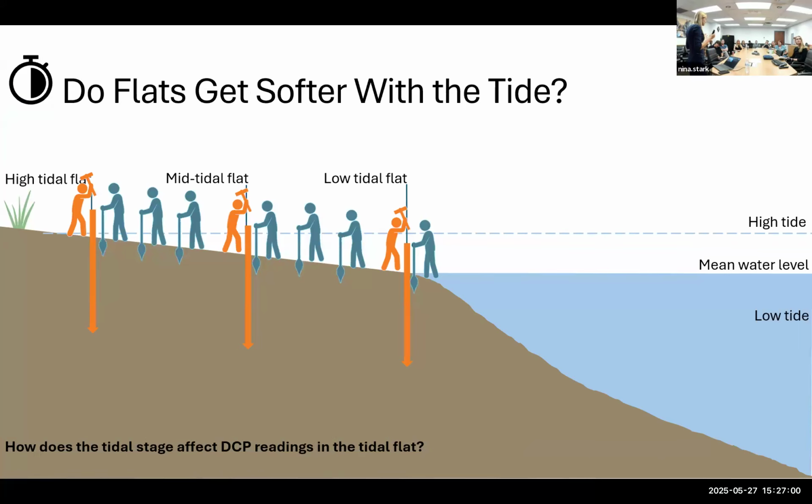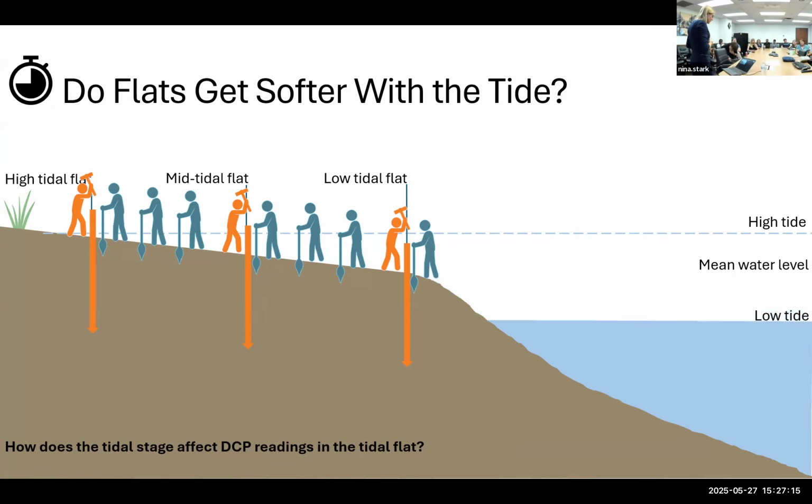The second thing is the timing. As I said, timing is always very important in disaster management as well as here in tidal flats. We have those changing conditions. We could do the measurements during mean water level and then later during low tide, to see how the tidal stage affects DCP readings in the tidal flat.